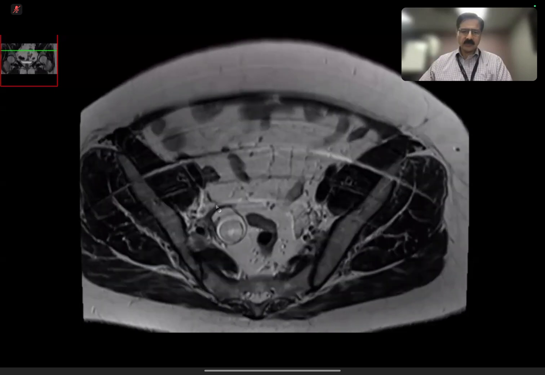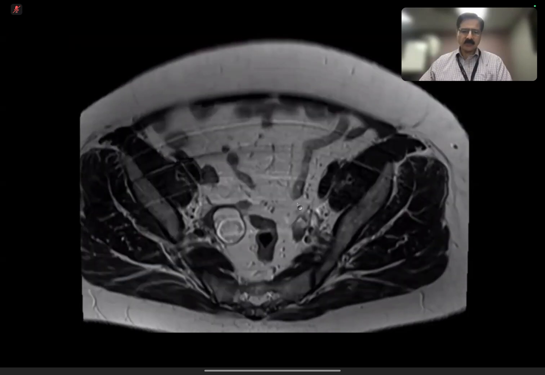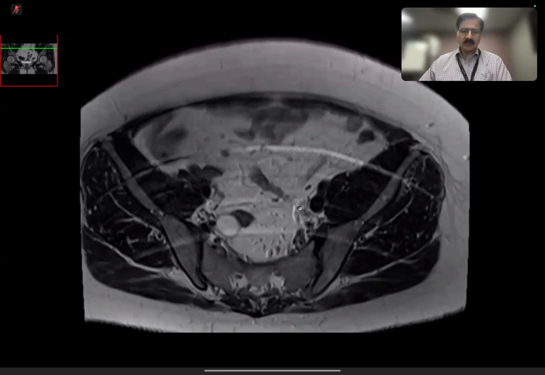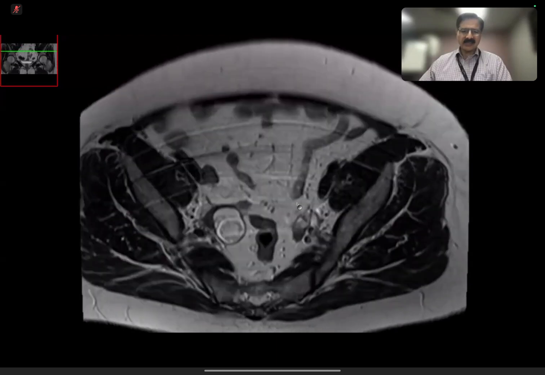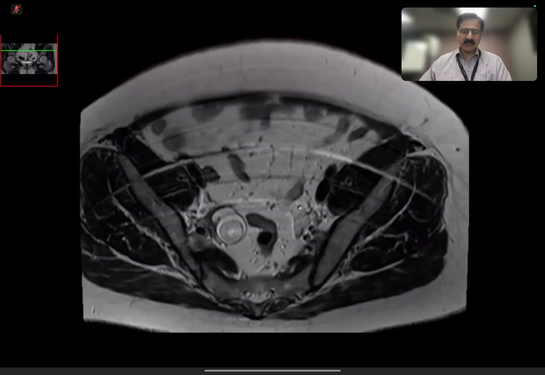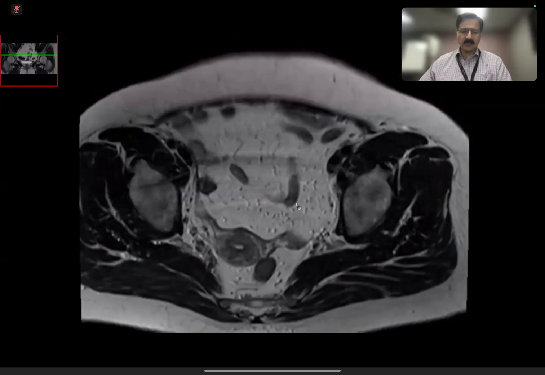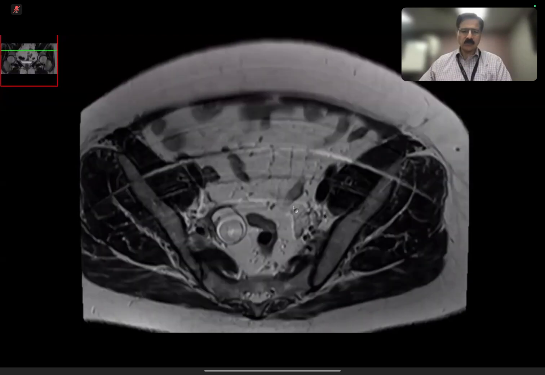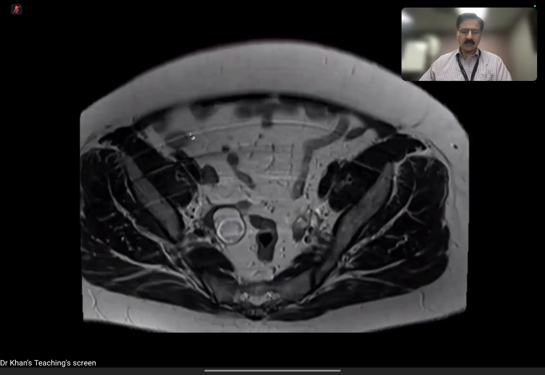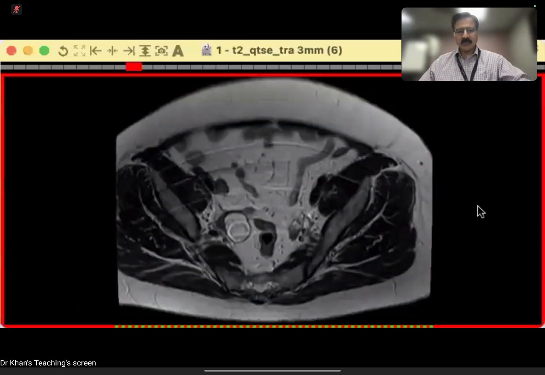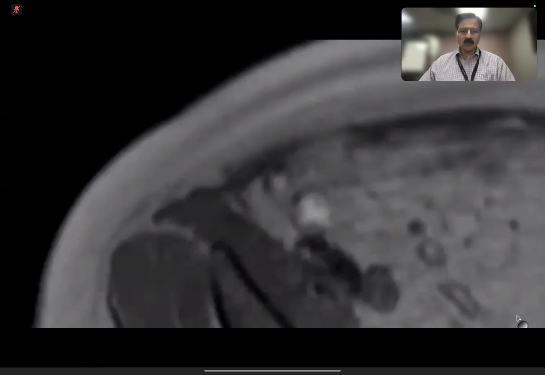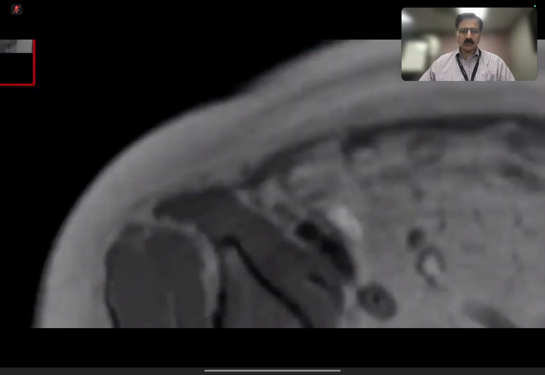So on MR, this is how it looks like. And please remember, part of this idea is that dermoid MR per se is an exam case. So they can show you a dermoid, ovarian dermoid, just as a single modality. So this is it. That was a T2 weighted sequence.